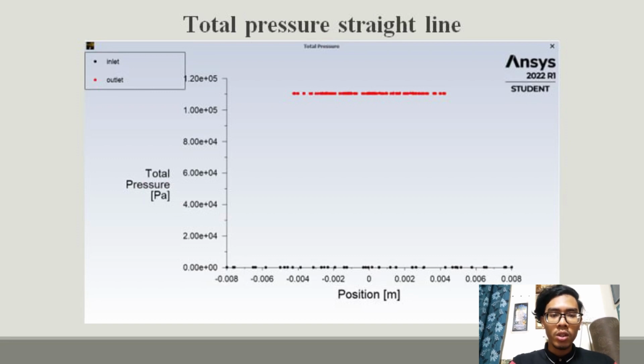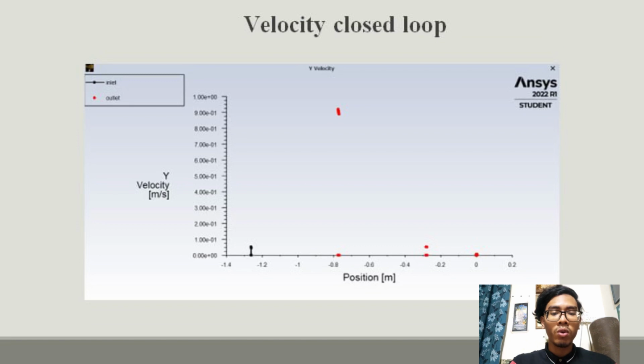Next, for the velocity closed loop, there are 4 positions: the inlet at negative 1.3, and the other three are outlets at negative 0.6, negative 0.3, and the last one at 0.